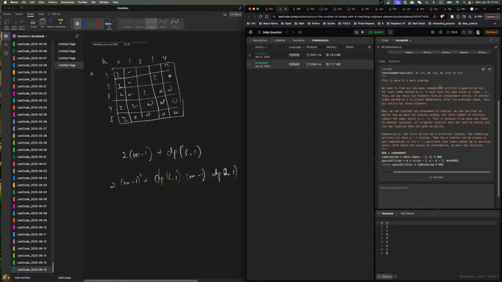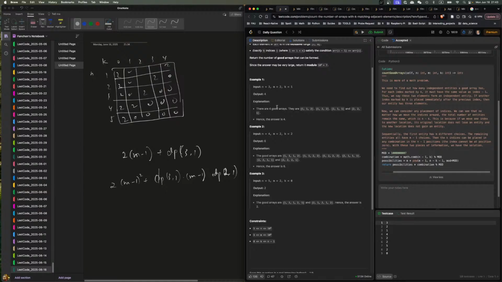What does it mean? So we have two entities. Oh, consecutive. I can just say consecutives are one entity.